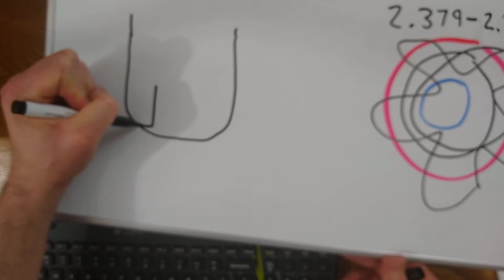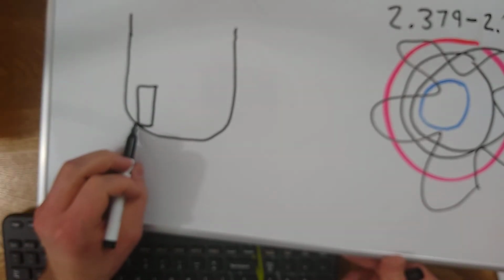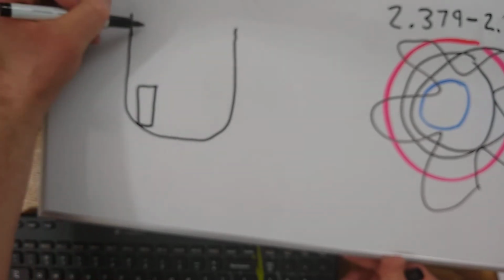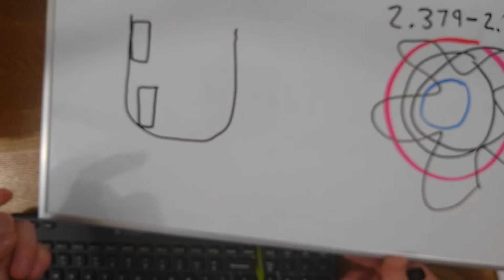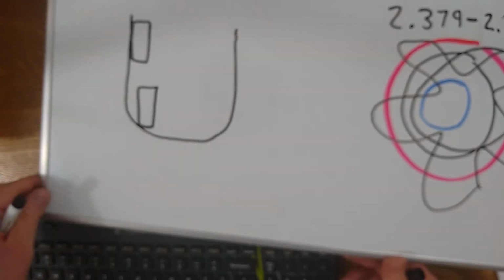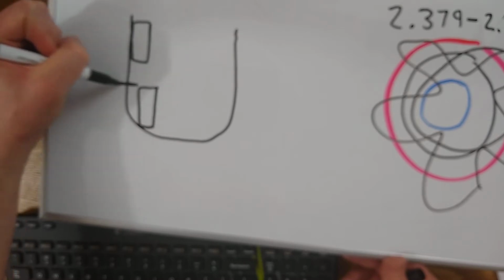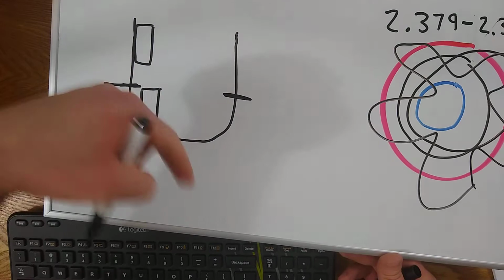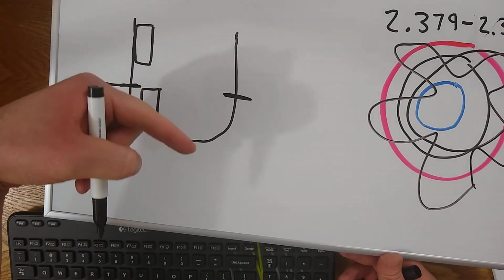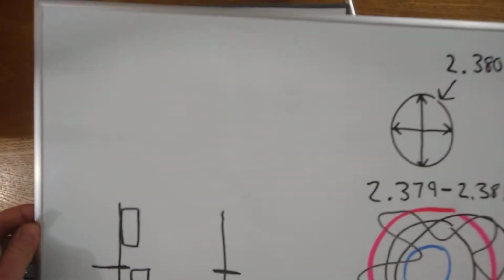If you register your gauge on the radius, you end up getting the wrong diameter. You're supposed to be up here on the sidewall. So make sure you raise up your gauge to avoid the start of the radius. Check a few places and you might see the low point is registering on the bottom radius.